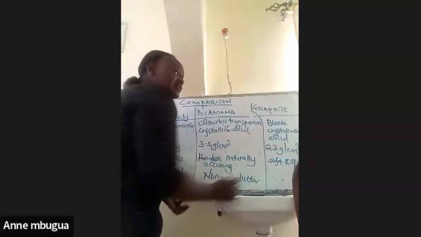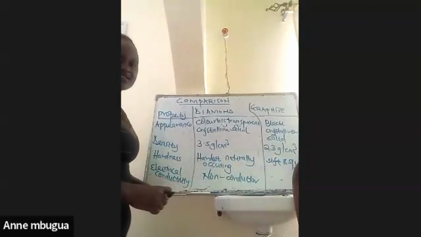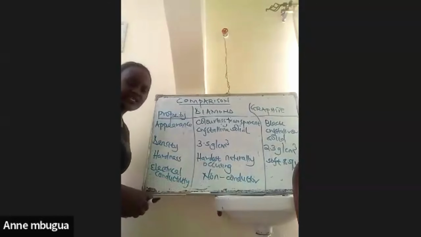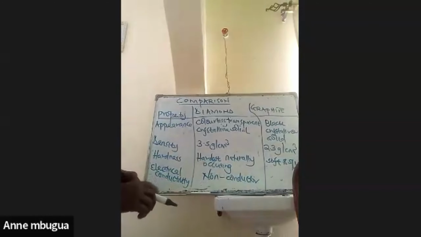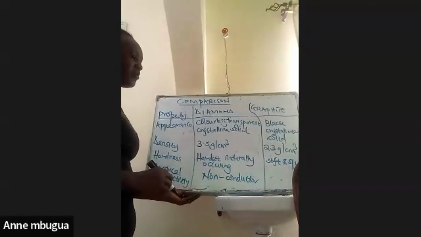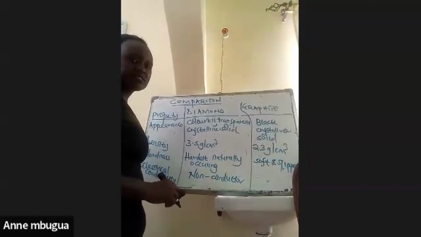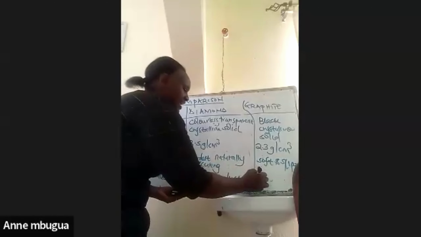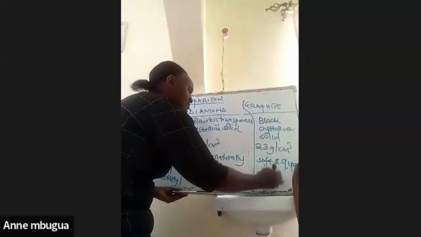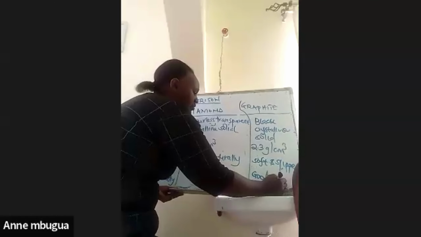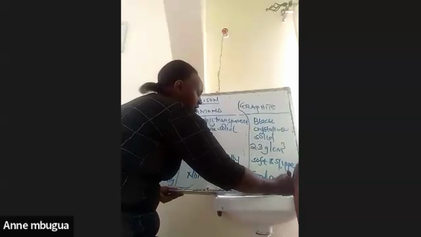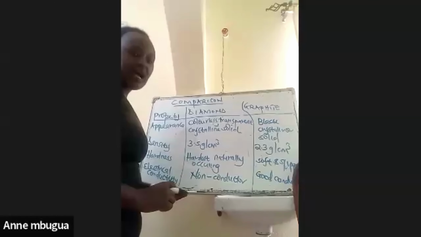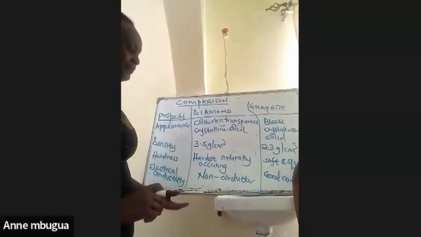It does not conduct heat and electricity. With graphite, only 3 out of the 4 valency electrons are used. This leaves it with 1 delocalized electron, and this makes it a good conductor of heat and electricity.